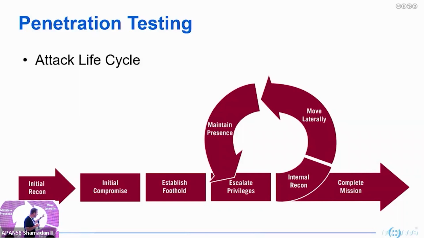And at some point, that loop is going to exit out and they're going to complete whatever their mission is, whatever their goal or objective is. Usually that's going to be financial. Some way they're going to try and make money out of their criminal activity. But let's say that this is a state-based actor. Let's say that there is another country out there that can get a competitive advantage by stealing intellectual property.